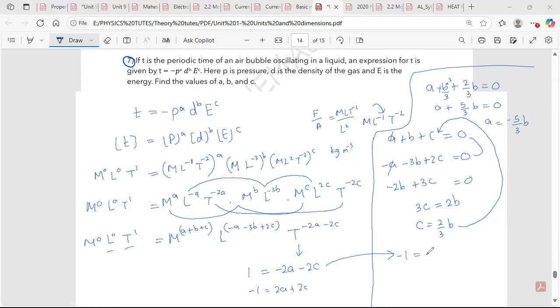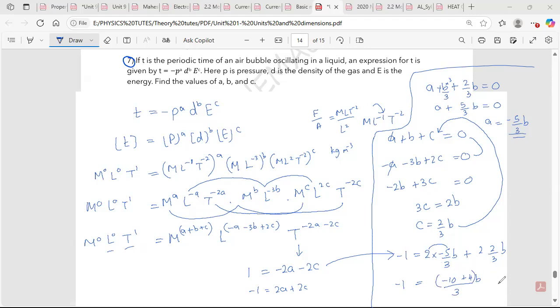So minus 1 is equal to 2a. That's 2 times minus 5 over 3b, this one, plus 2 times c. Right? C is 2 over 3b. So it's actually here 5 into 2, that's minus 10, plus 2 into 2, 4 over 3 equals minus 1 into b.